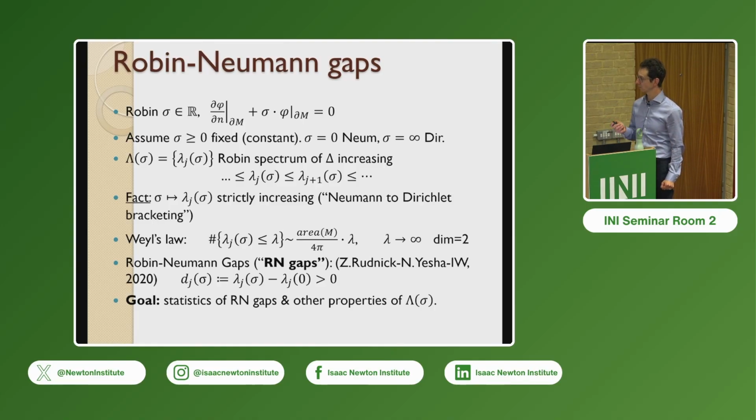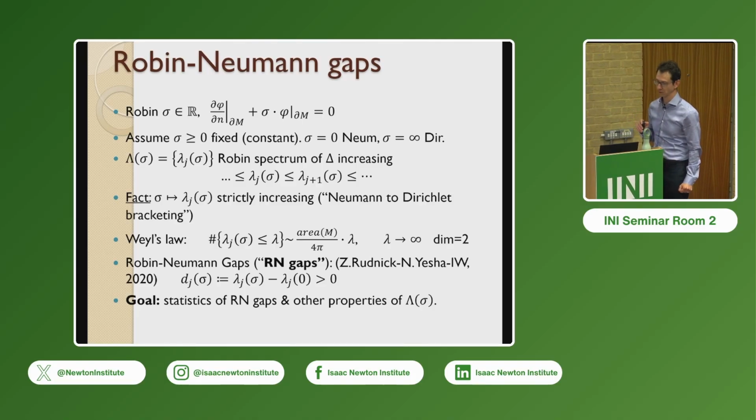We can define the so-called Robin-Neumann gaps, or RN gaps in boldface, which we defined in a paper with Zev Rudnik and Nadav Yesha in 2020. These are just the differences lambda j of sigma minus lambda j of 0, that is the Robin minus the Neumann case.